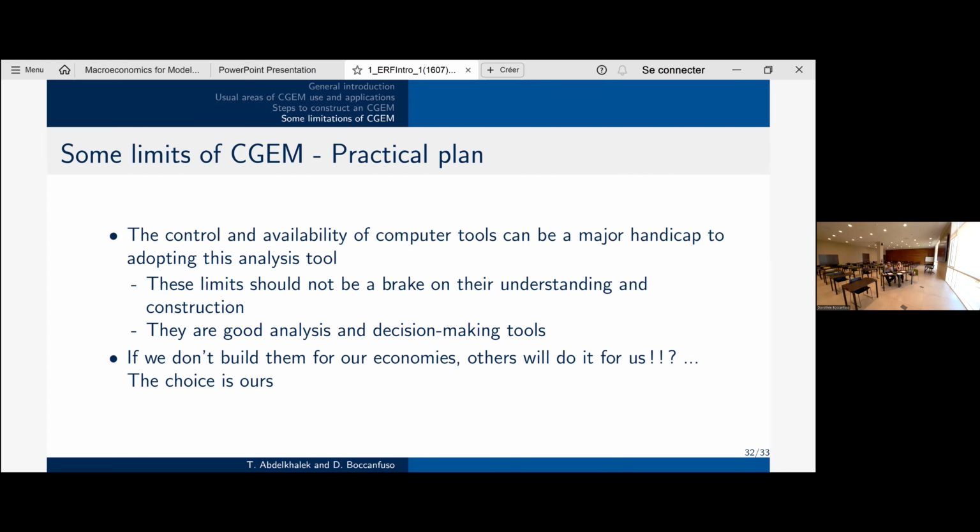I don't know what you have in your administration, but I know in some administrations there is no access to GAMS to solve this model. And this limit should not break the understanding and construction. We have to use that. I just tell you the problem we have.